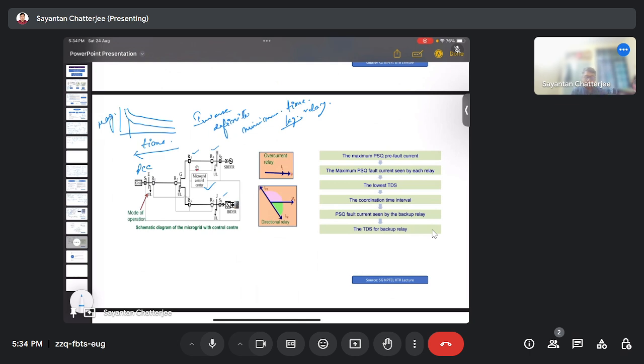At the PCC, the information of whether the system is operating in islanding mode or grid connected mode needs to be properly governed, because the mode of operation has to change or transfer to the other mode.